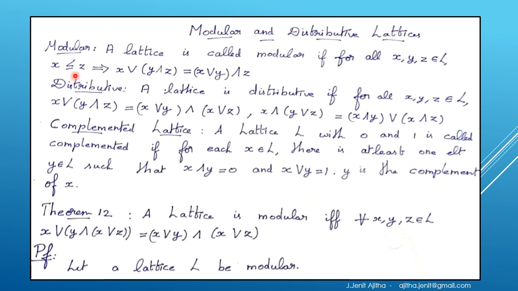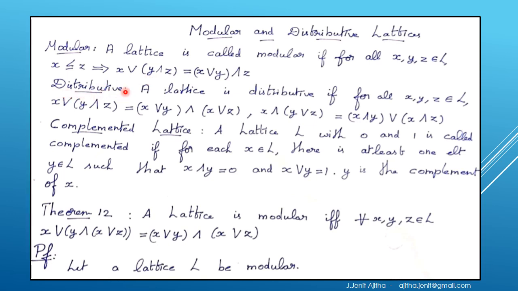So x is related to z implies x join (y meet z) is equal to (x join y) meet z. So the join denotes the least upper bound, and the meet denotes the greatest lower bound.